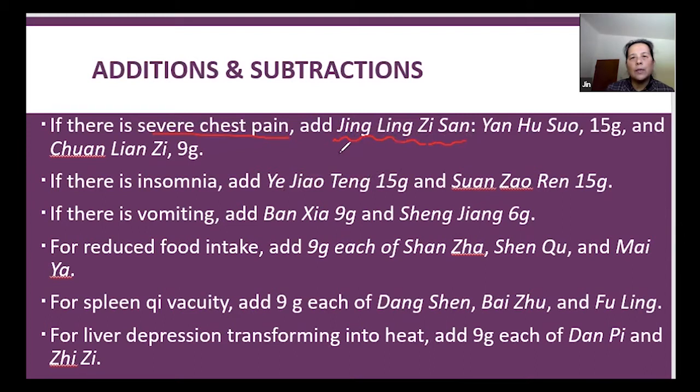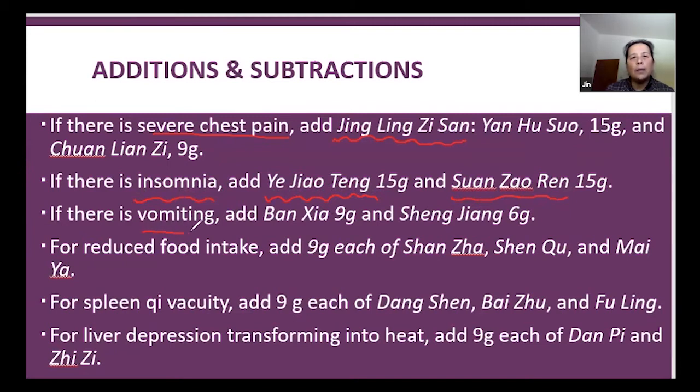That's still qi and blood moving. And if the patient has insomnia, difficulty sleeping, we add calming shen herbs, 夜交藤 and 酸枣仁. Calming the shen helps people sleep.